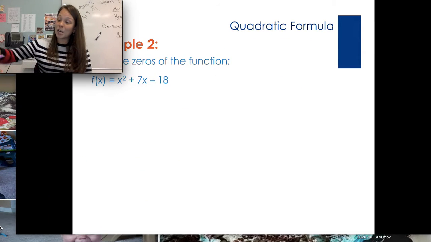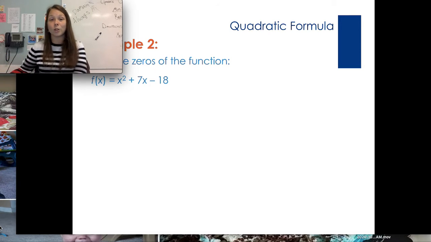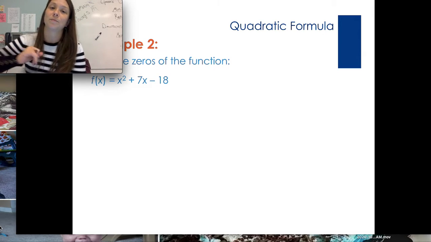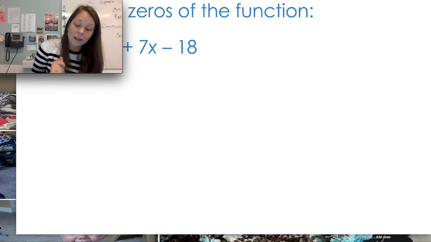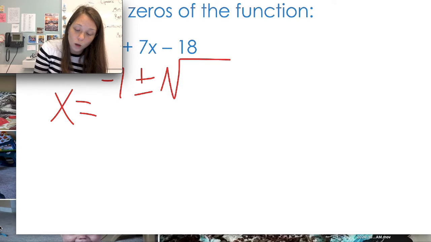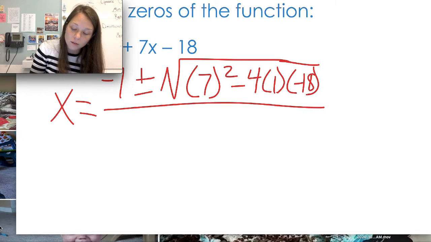Let's take a look at example 2, and if you want, go ahead and give it a try on your own with applying the quadratic formula here. All right, so applying the quadratic formula, we will get x equals negative b, which is negative 7, plus or minus the square root of b squared, so 7 squared, minus 4 times a, which is 1, times c, which is negative 18, all divided by 2 times a, which is 1.